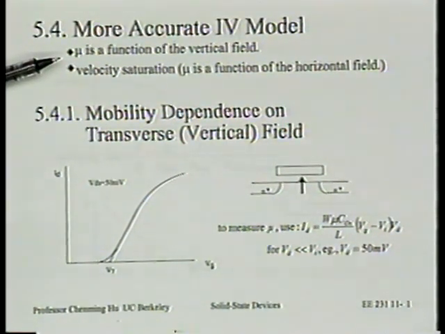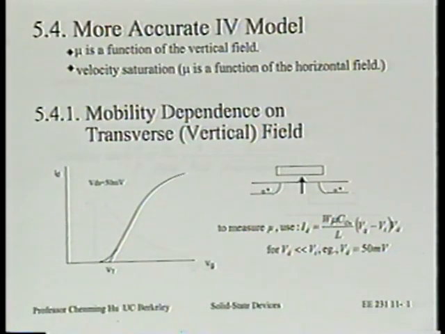All right, so it's an important section. But it turns out there are two important improvements over the first order model that we have known about IV characteristics of MOS transistor. One is that mobility is a complex function.